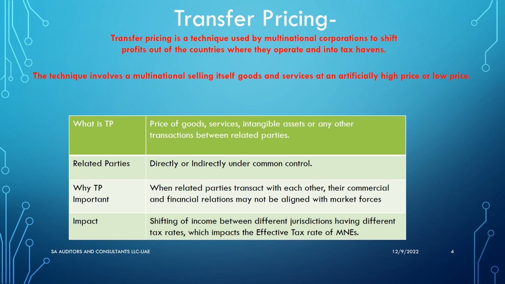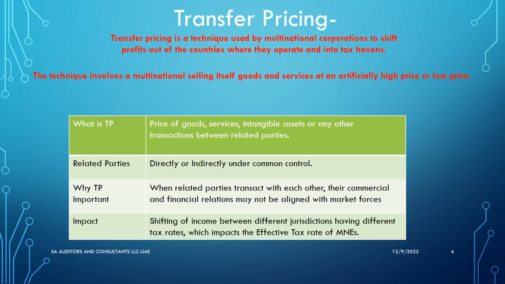Let's assume Pepsi has its headquarters in the USA, where the tax rate is, say, 20% on profit. On the other hand, in the UAE the corporate tax rate is 9%. Now Pepsi US will try to book more and more profits in the Pepsi UAE company, so that they pay less tax and save on taxation.